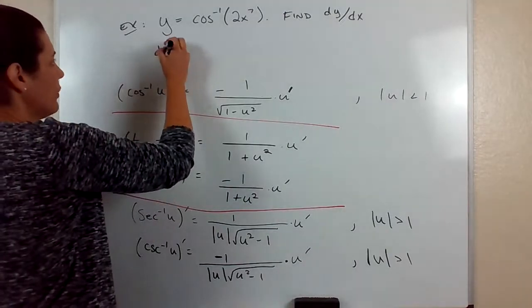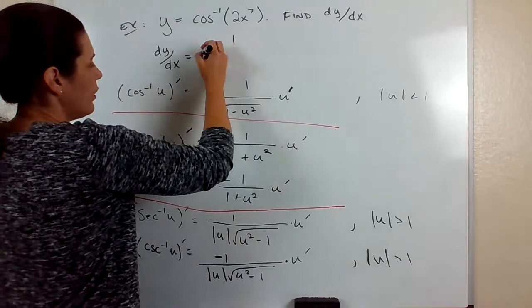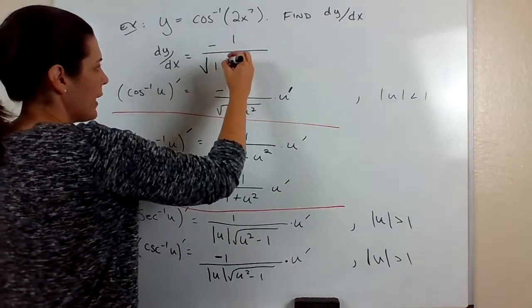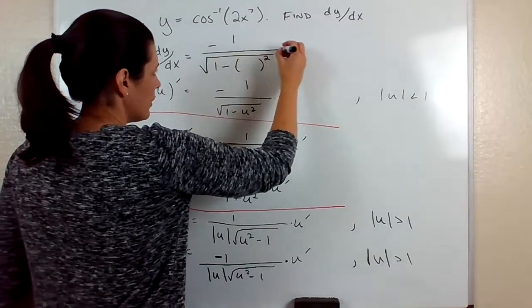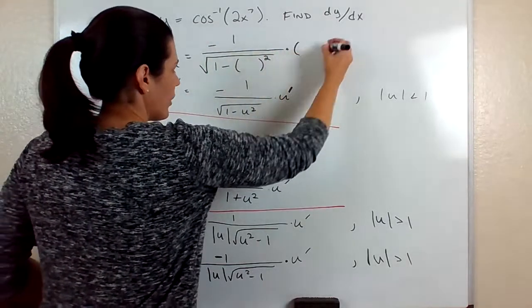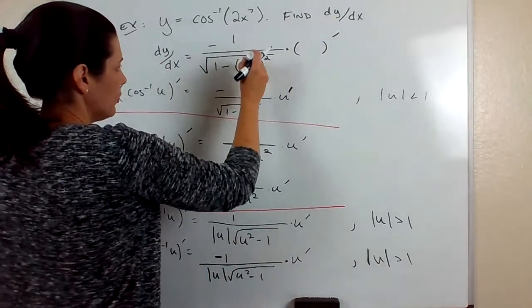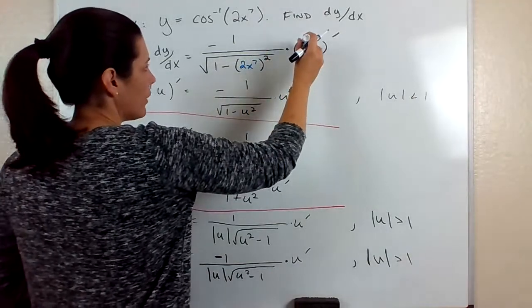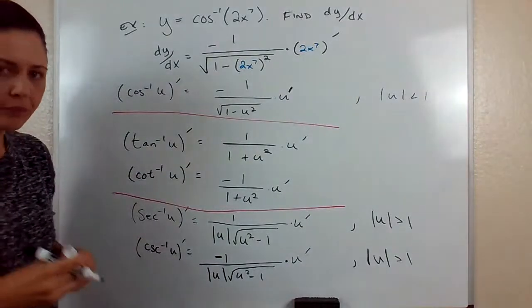So my derivative, dy dx, is -1 over the square root of 1 minus my argument squared, times the derivative of the argument. Let me put it in blue to make it clear. So 1 minus 2x to the 7th quantity squared, and then chain rule times that derivative.